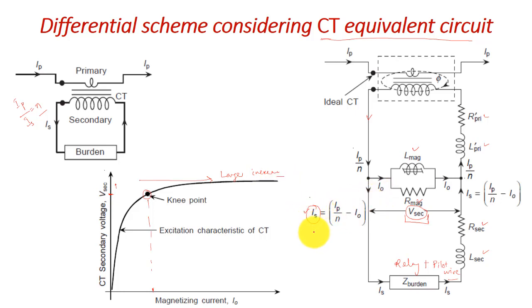So magnetization has an impact, and whatever CT we consider at both ends of the differential relay, we don't know the magnetization characteristic, and sometimes these characteristics change as time passes, right.